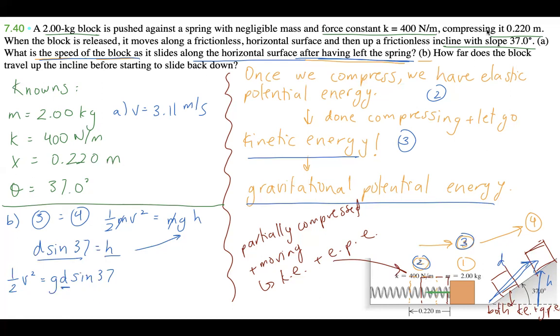We have our 3.11 meters per second here, and we're going to plug in all of our values. So we have half of 3.11 squared is equal to 9.8 times d, which we don't know, times sine 37. You could have isolated for d first, but I didn't, so we can do that now. d is equal to half of 3.11 squared, divided by 9.8 sine 37.